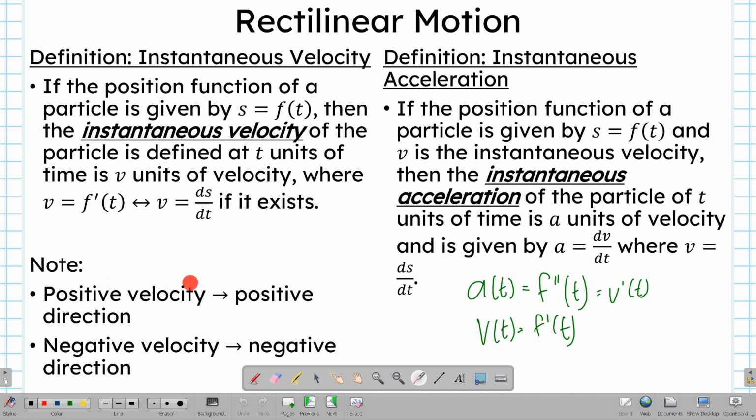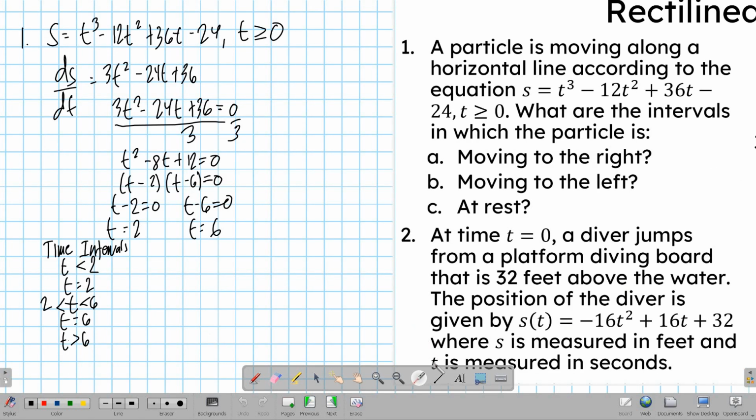Positive velocity is the positive direction, negative velocity is the negative direction. So that would mean that moving to the right, we should have a positive velocity, and moving to the left, we have negative velocity. And at rest, it's not moving, so velocity would be equal to 0.